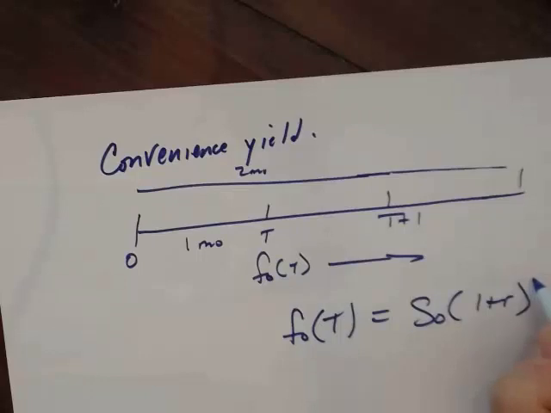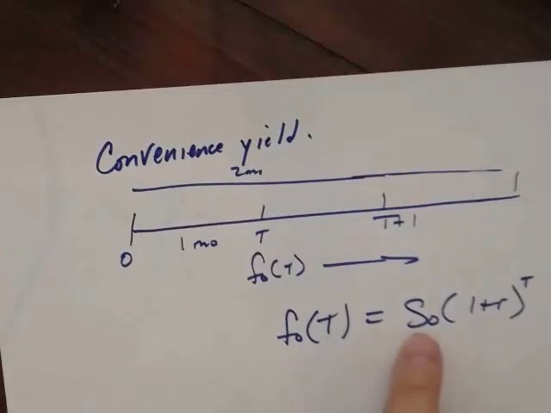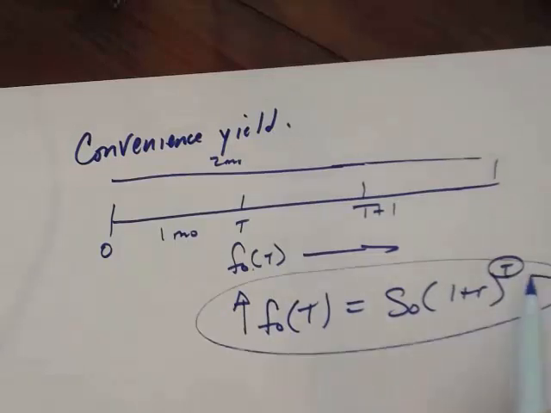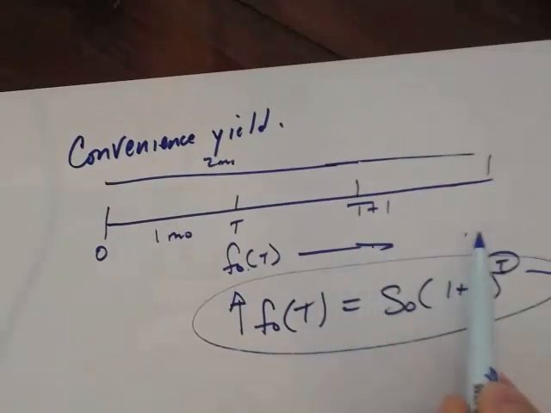Especially with oil, for example, because there's no dividend yield or anything associated with oil, it's just costs. So the further you go out in time, this T goes up in value. That means the futures price should be even higher. So this futures price should be growing as we go out in time, according to this model. But we actually observe periods when oil futures prices decline.